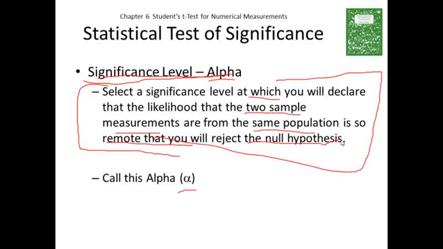It's just improbable. I don't believe it. I don't think we're from the same population. We're looking at two different groups. I am going to reject the null hypothesis. I'm going to accept the alternative hypothesis. And that level is going to be the significance level, denoted by alpha.